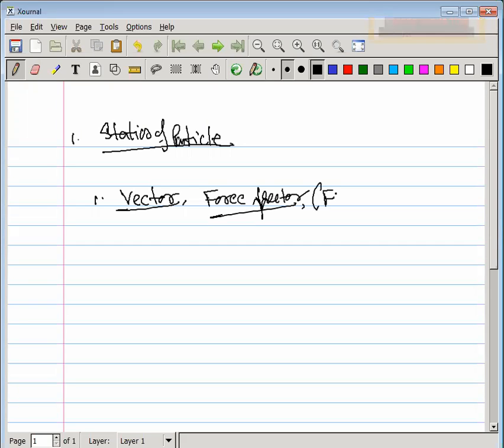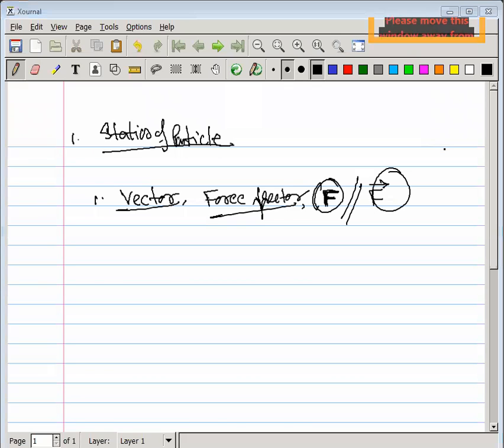One is we can define the force vector as F in bold. By this manner we can say the force is a vector, or we can write F with an arrow. This is normally not possible to write in an exam copy, so that's why we normally follow the F and arrow. Okay, this is the force vector.